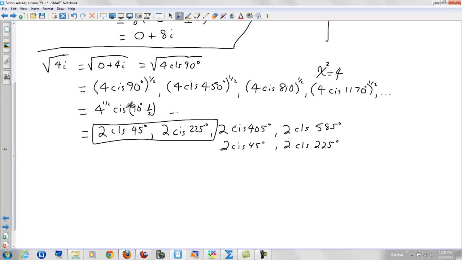So now if I was asked to write these in rectangular form, I would write 2 times the cosine of 45 degrees plus i times the sine of 45 degrees, which means 2 times cosine of 45 is square root of 2 over 2, and the sine is also square root of 2 over 2.